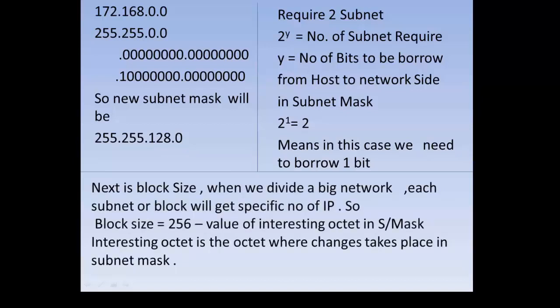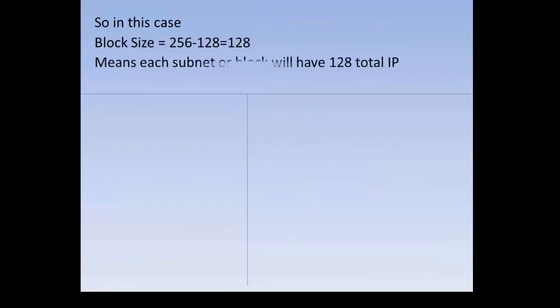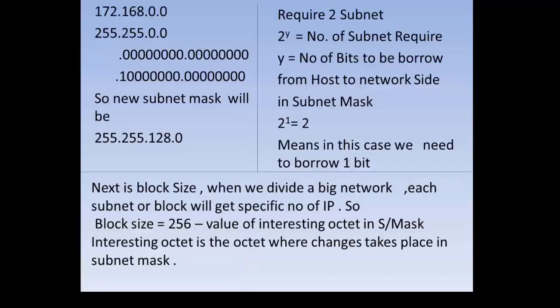Next is the block size, the same process that I explained in the C class. What will be the block size? It will be 256 minus the value of the interesting octet. What is the interesting octet here? The change takes place in the 3rd octet. So 256 minus 128.